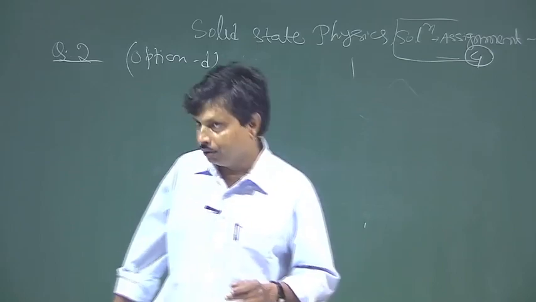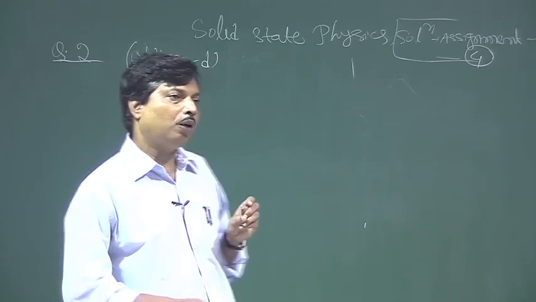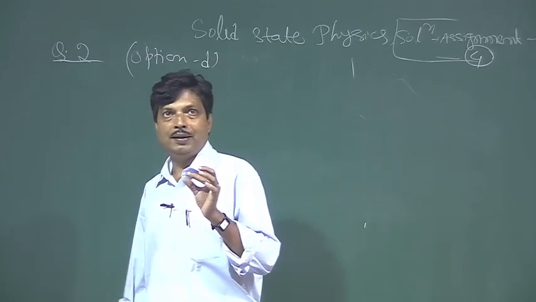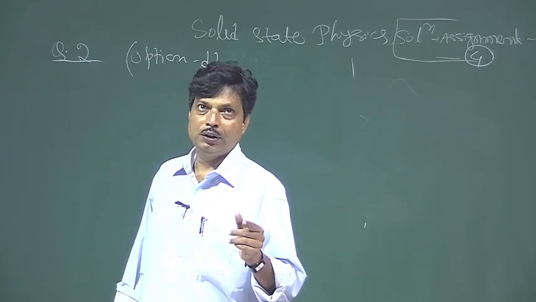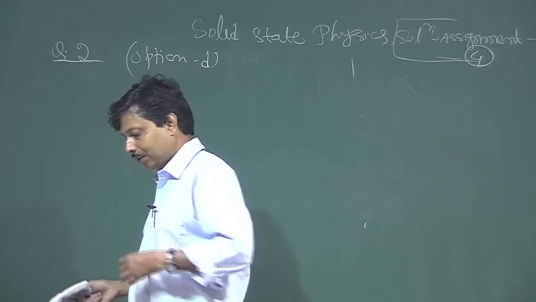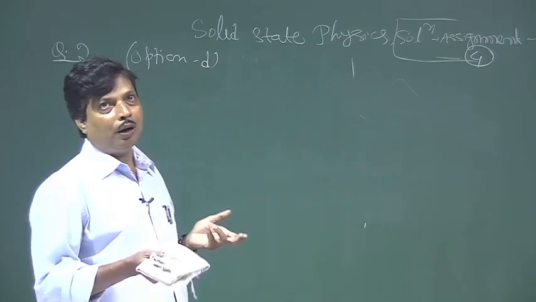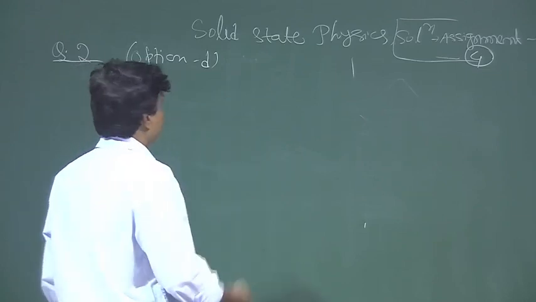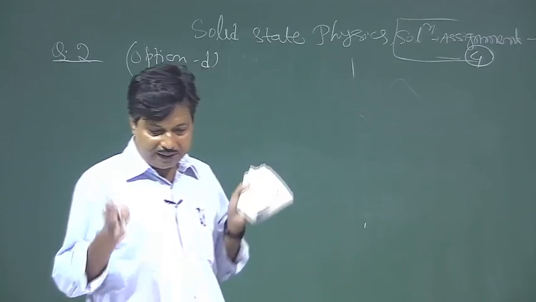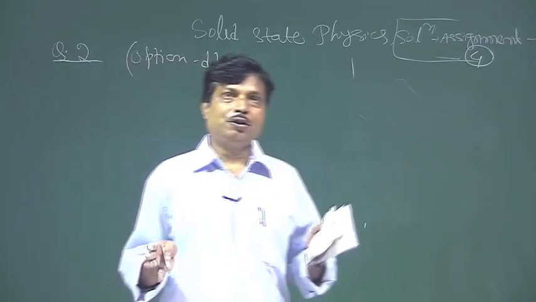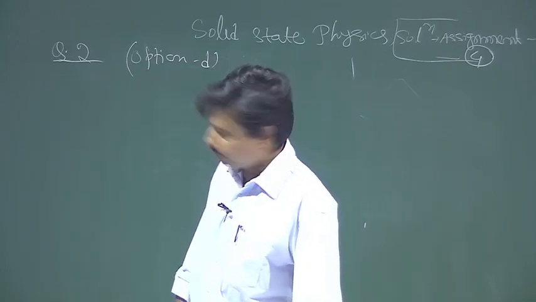That is why, when we deal with electromagnetic waves of very short wavelength, we need slits having very small width, and that is generally available in nature in crystals. That is why for studying the diffraction of X-rays, we use the crystal planes. The interplanar spacing here corresponds to the slit width. So, for question 2, option D is correct.